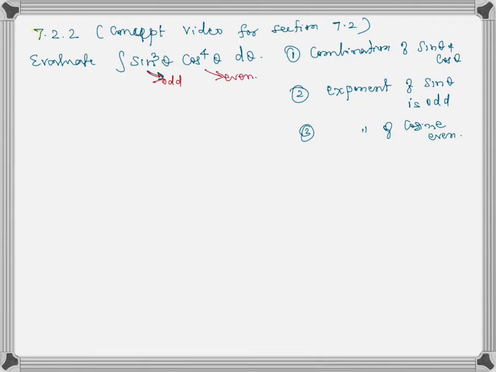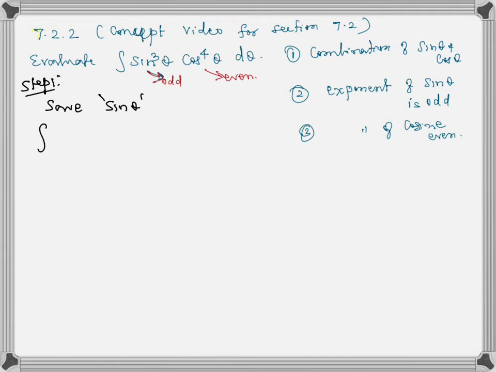Anytime you have a sine and cosine combination, you have to look for which trig function has an odd exponent, and you have to save the one that has an odd exponent. So we are going to save a sine. This is our step number 1. Save a sine.